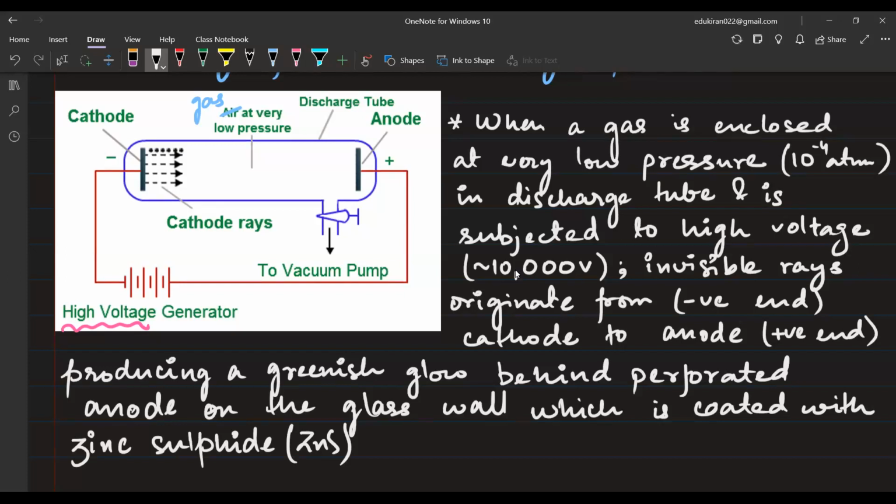Please make the diagram and write the screen. Let me know once you're done writing.